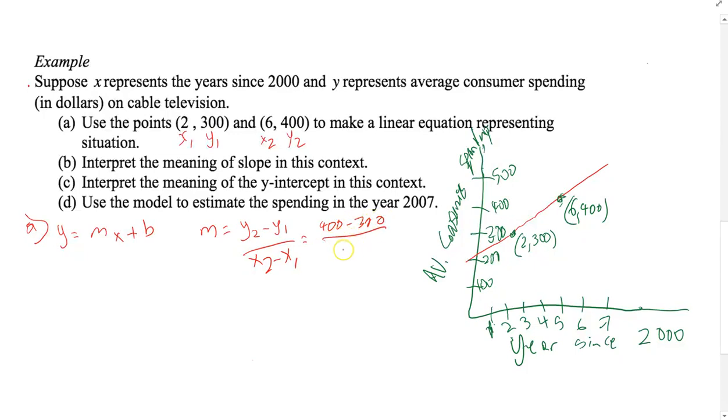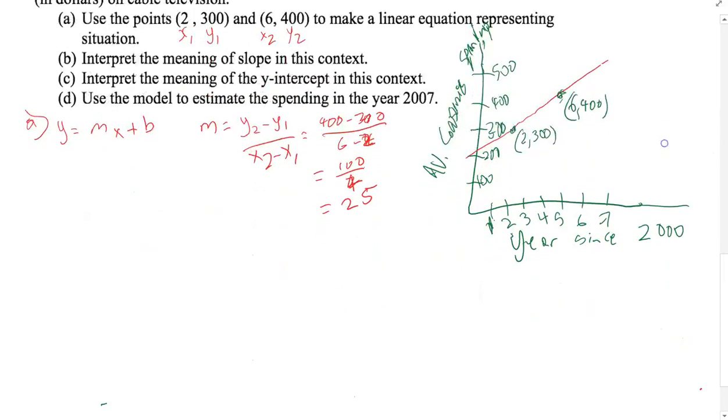And x sub 2 minus x sub 1, that would be 6 minus 2. So we continue working that out. We have 400 minus 300, that's 100, over 4. So that's going to be equal to 25, right? So m equals 25, and we want to find our b.